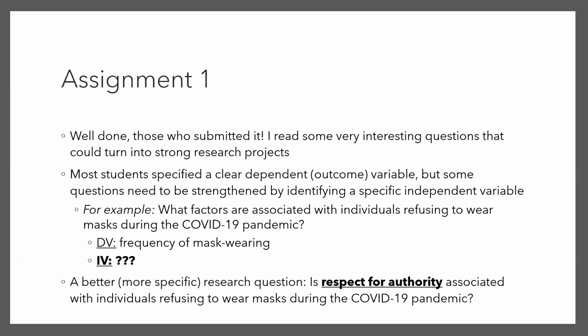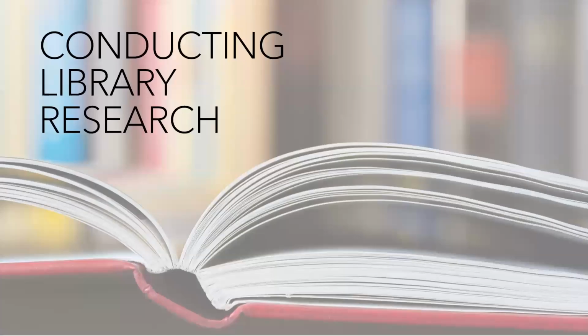However, this is much beyond the scope of your 201 project, so you all should clearly identify an independent variable that you are hoping to study and determine its relationship to your dependent or outcome variable.